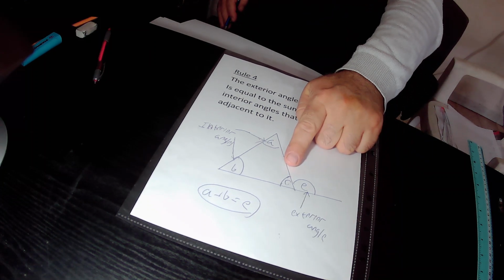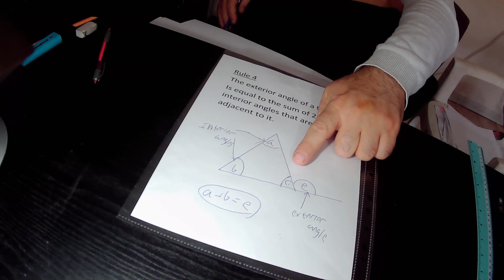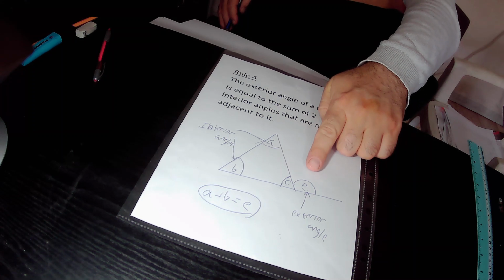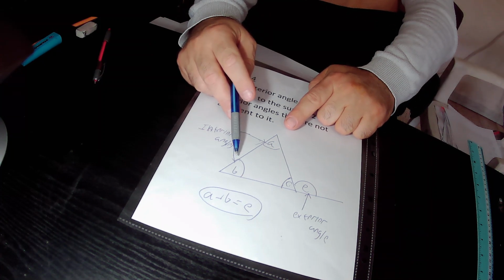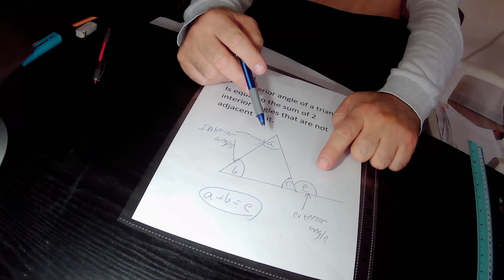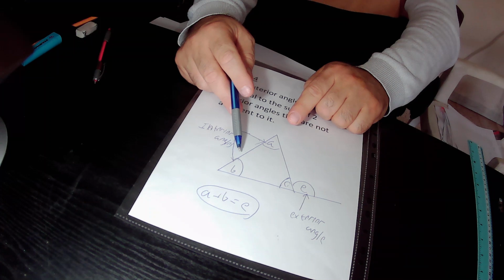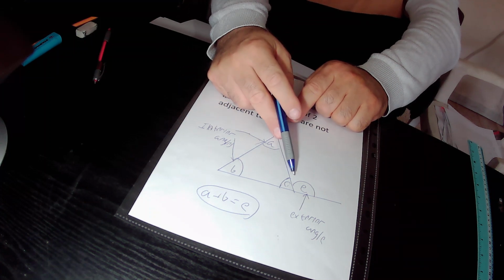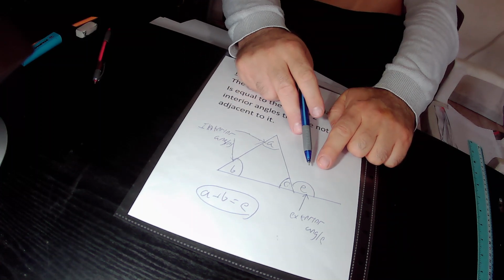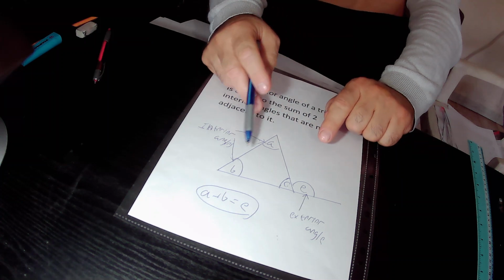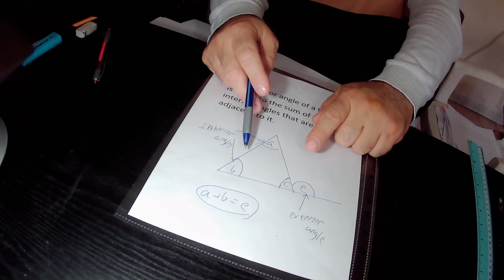This is angle C, which is definitely adjacent to angle E. Therefore the two other interior angles that are not adjacent to angle E are A and B, and their sum is A plus B. So the size of the exterior angle E equals A plus B. In conclusion, the size of angle E equals A plus B, the sum of the two interior angles that are not adjacent to angle E.